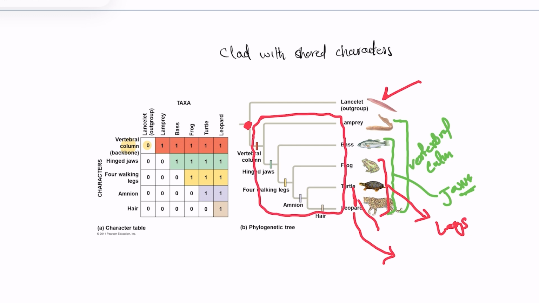If you go to the jaw, then there is a separate clade on the basis of jaw, then a separate clade on the basis of legs, and so on. The same can be done in phylogenetic analysis with DNA sequences: they check the characters, what the common characters between organisms are, and make a clade on the basis of those characteristics. So these are the derived and shared characteristics.